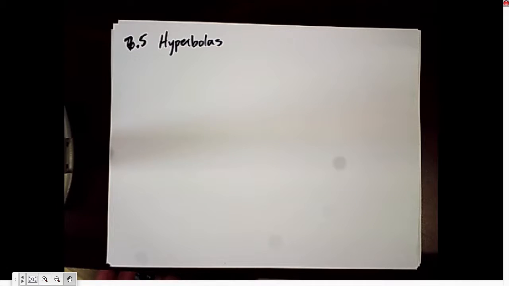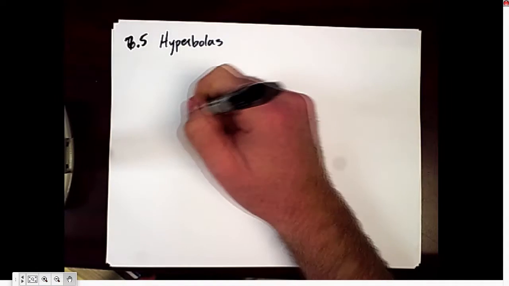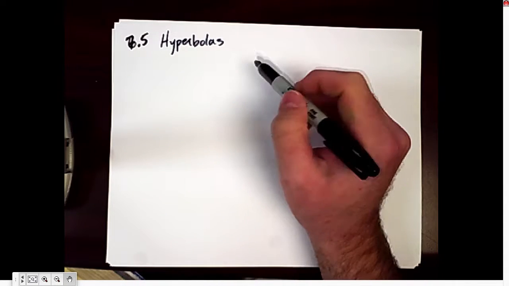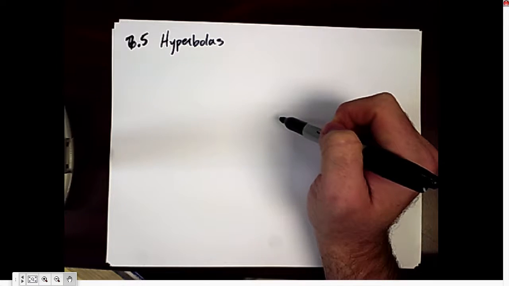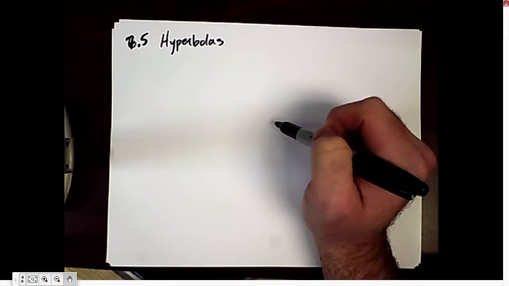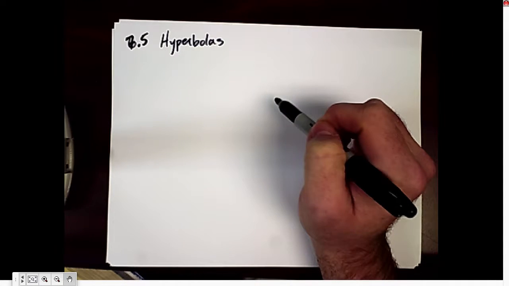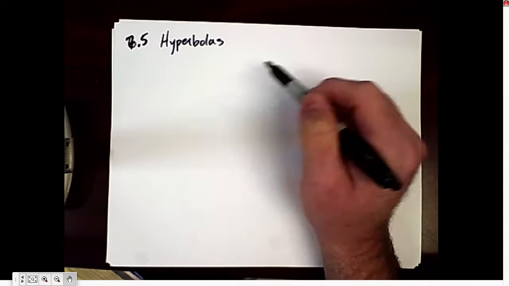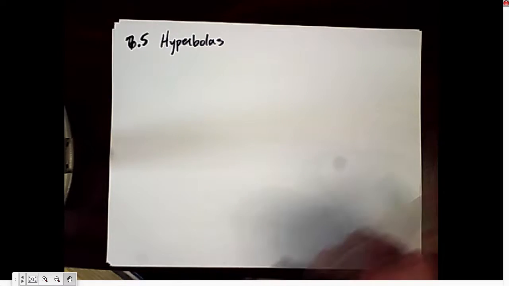Then, what was an ellipse? It was a weird one. You had two foci, and it's all points where if you add the distance to those 2 points, it's a constant. So like all the points where the sum of the distances to 2 foci is 7 or something like that.